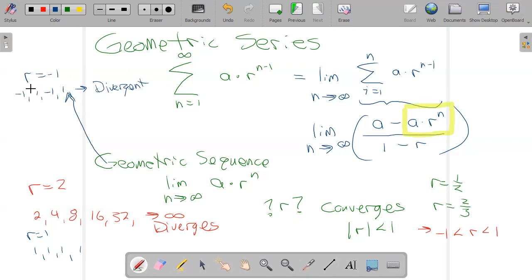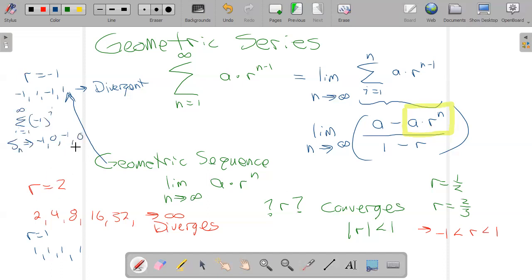What if I add up -1, then 1, -1, then 1? What if I did the sum as i goes from 1 to infinity of -1 to the i? Well, looking at the partial sums, the first would be -1. -1 plus 1 is 0. 0 plus -1 is -1. -1 plus 1 is 0.